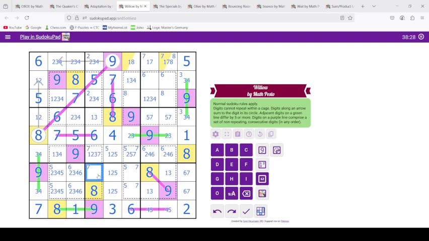For here would make that a 4. And that a 4. As well as that a 4. So this can never be a 4.